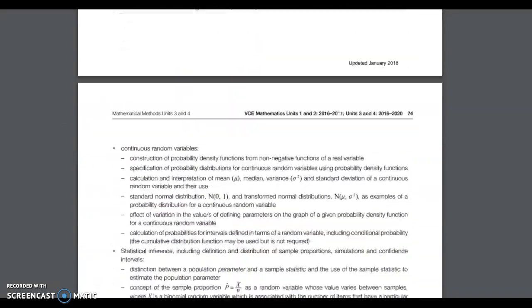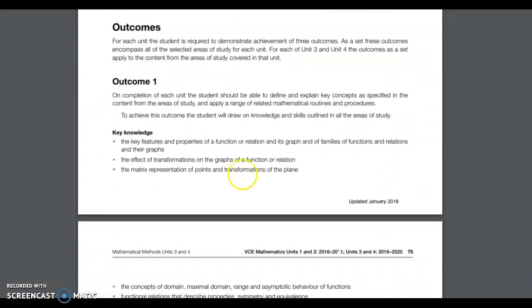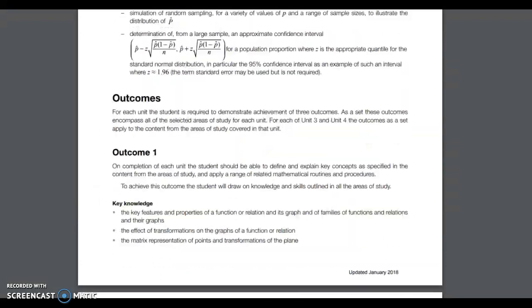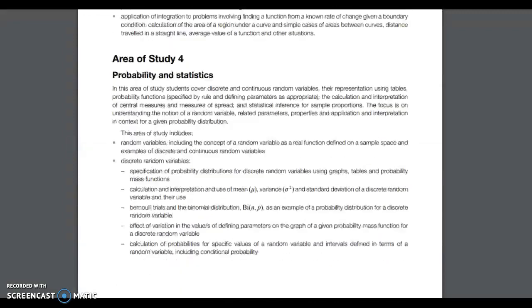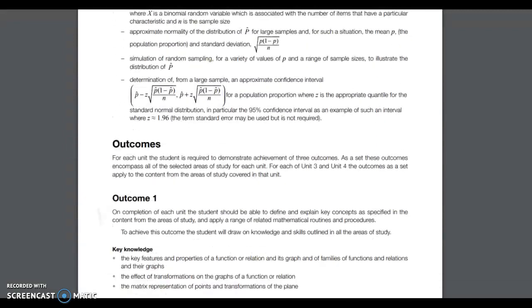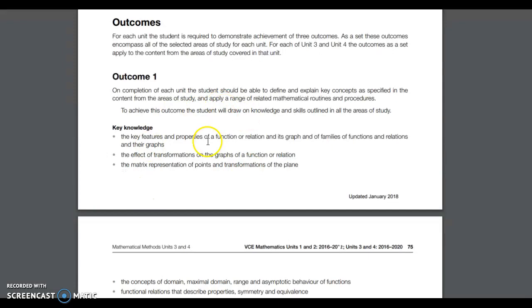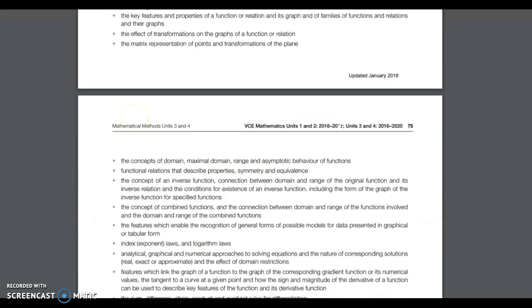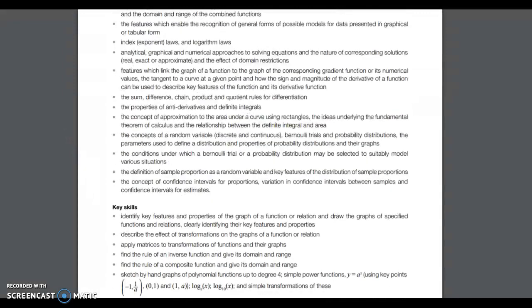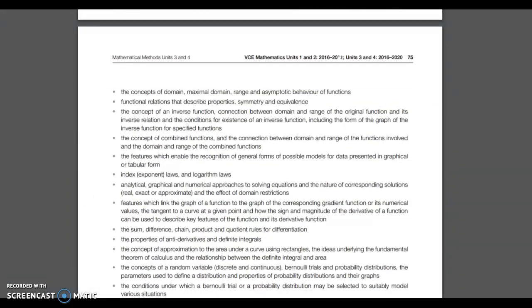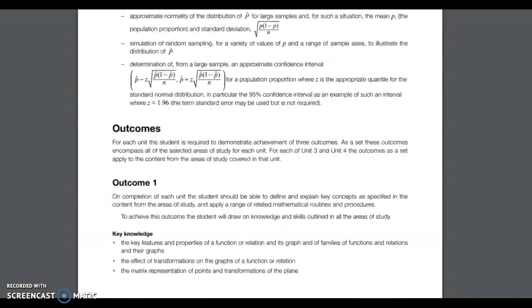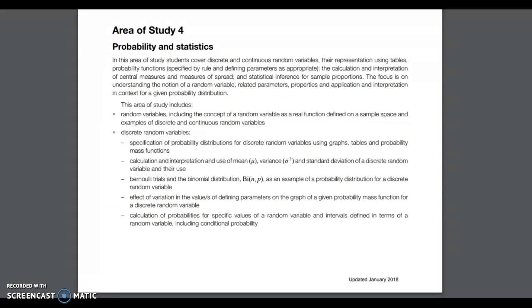The outcomes are discussed at the end. Now, these outcomes are addressing every area of study. Students need to demonstrate all of these key knowledge for the area of studies discussed above. So in terms of maths, we want you to pick one area of study, and you can assess one outcome and think about which particular dot points or key knowledge dot points are associated with that area of study.